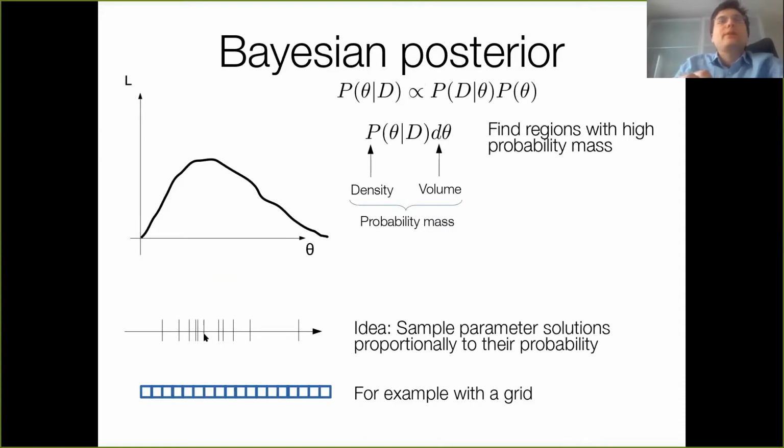Where they are denser, we would say they have higher probability, and where they are less dense, it represents a low probability. So we can represent distributions with samples. You could also use a grid. That's another way, and encode the probability or the likelihood for each grid value.